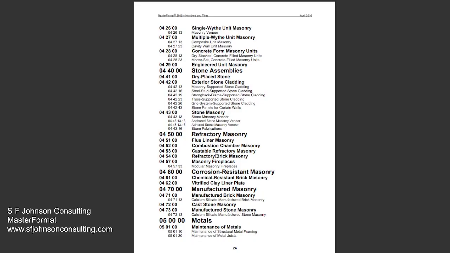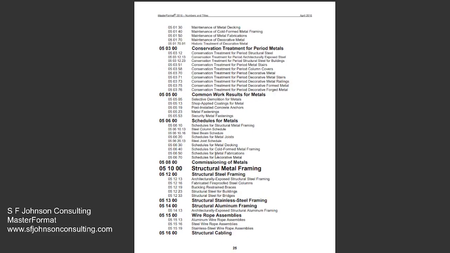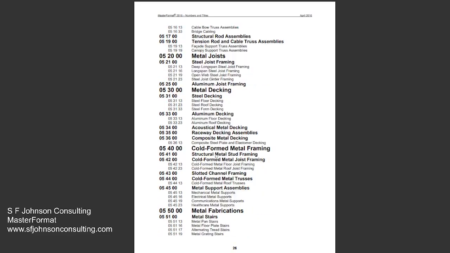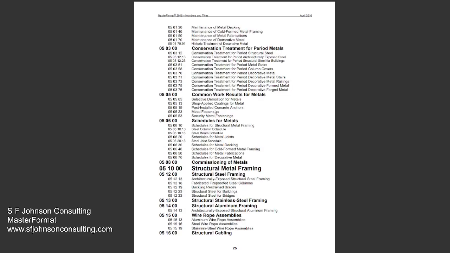Okay, so the specifications: the first thing you do if you're going to prepare an estimate, so if you are doing framing, for instance, you're going to have to look in two of the divisions. If it's metal framing and wood framing, then you have to look in the metals division, which is the 05, 00, 00 for metal framing of whatever type.